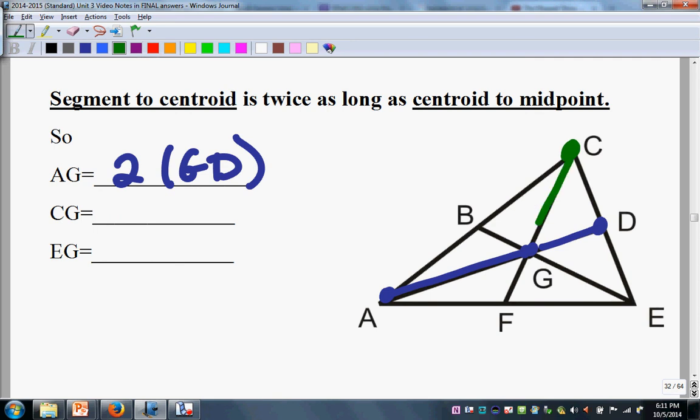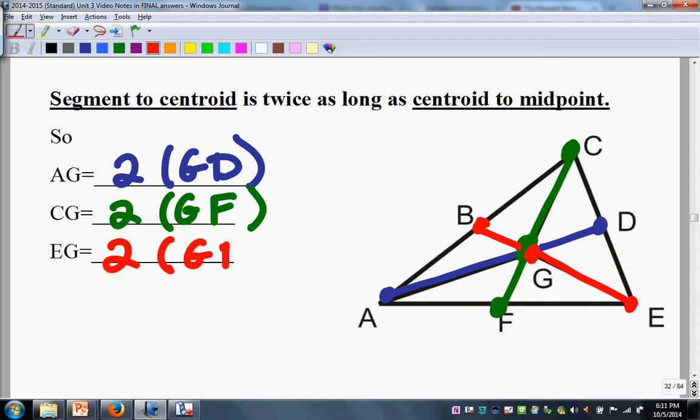G to C, if you trace G to C, is going to be twice of G to F. Trace E to G, that's going to be twice of G to B. So there's a 2x and x relationship all the way around.